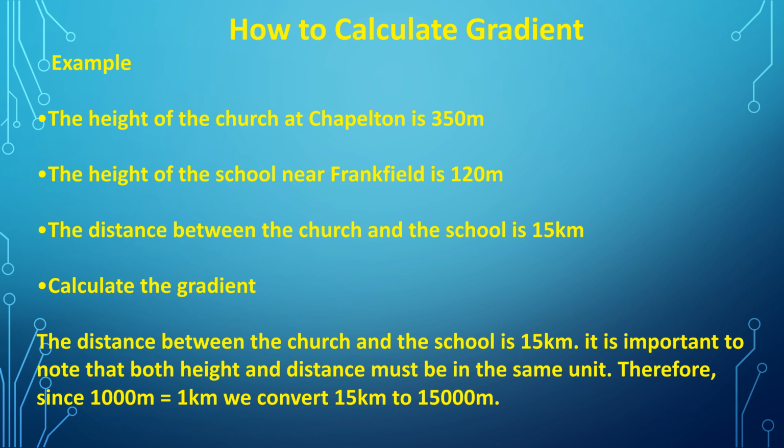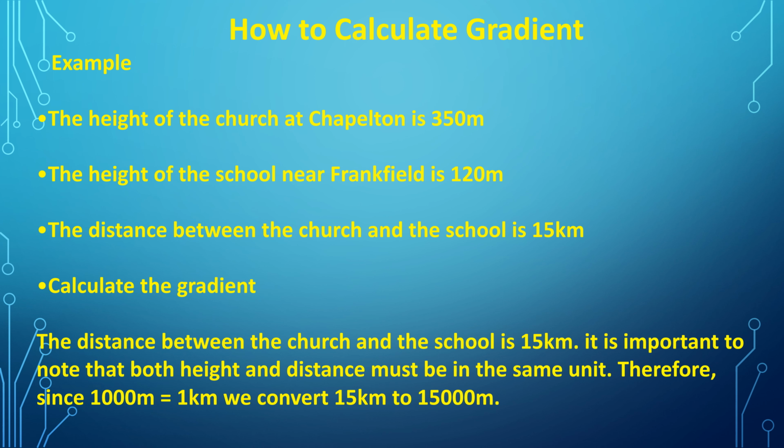I mean, think about it, students. Both heights are in meters. So majority rules, right? So we just convert our kilometers into meters so that everybody can live in harmony. All right. So remember that 1,000 meters is equivalent to 1 kilometer.